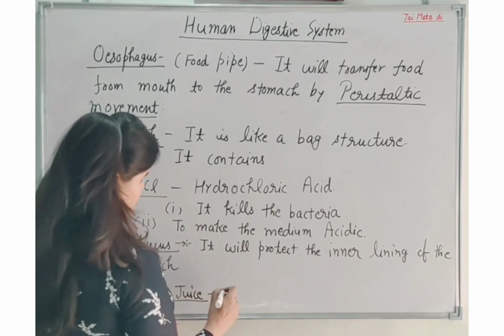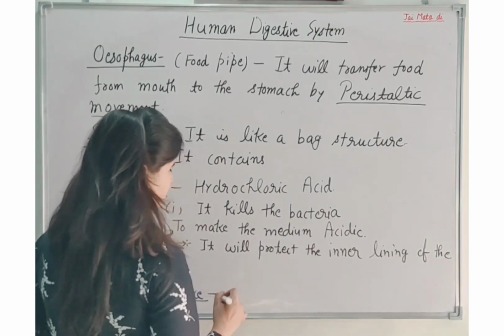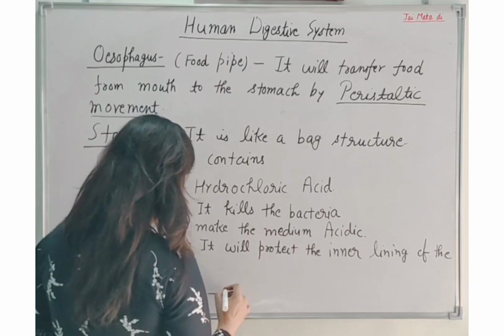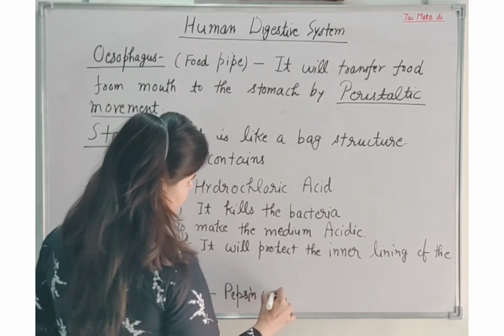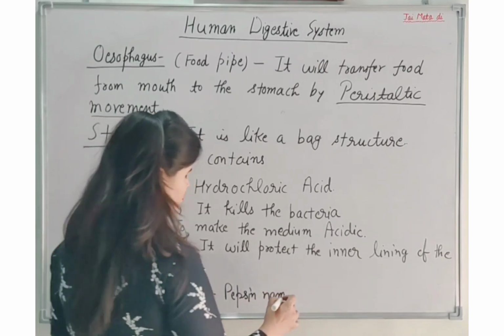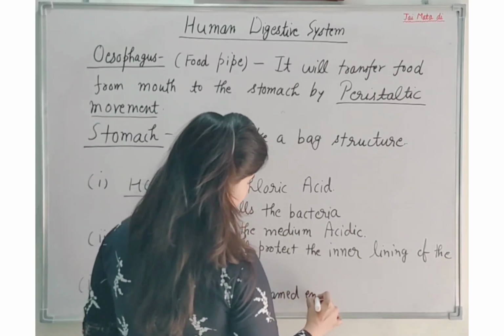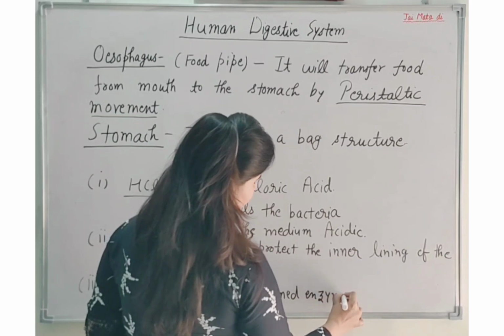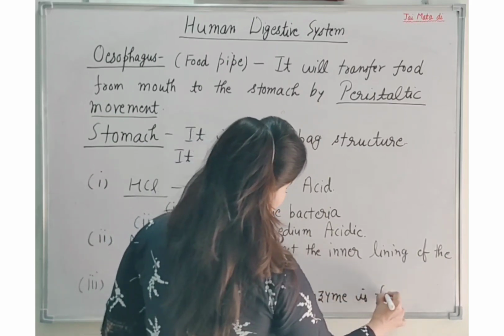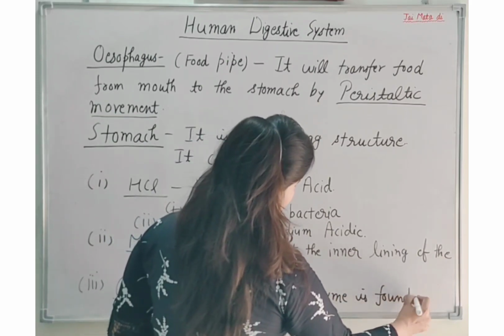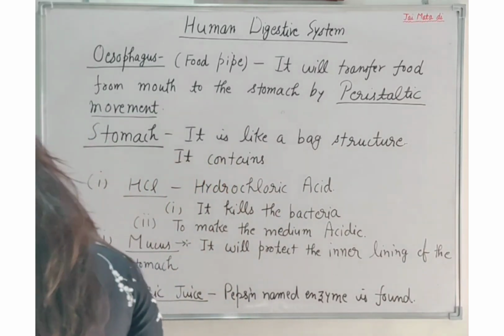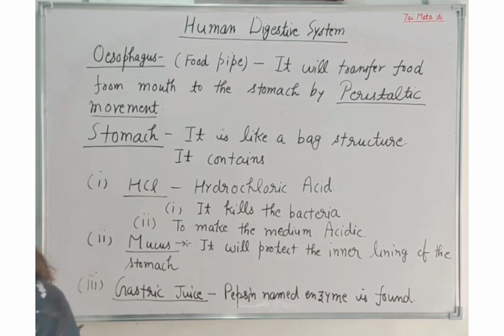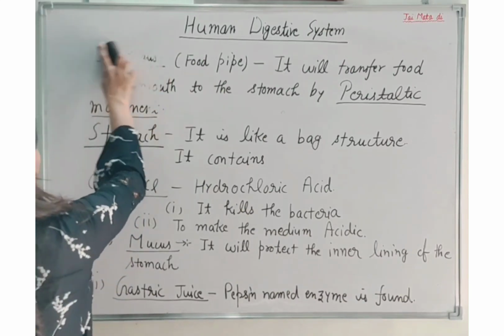In gastric juice, pepsin enzyme is found. Pepsin named enzyme is found in gastric juice. Now, what is the function of this pepsin enzyme? Let me tell you.